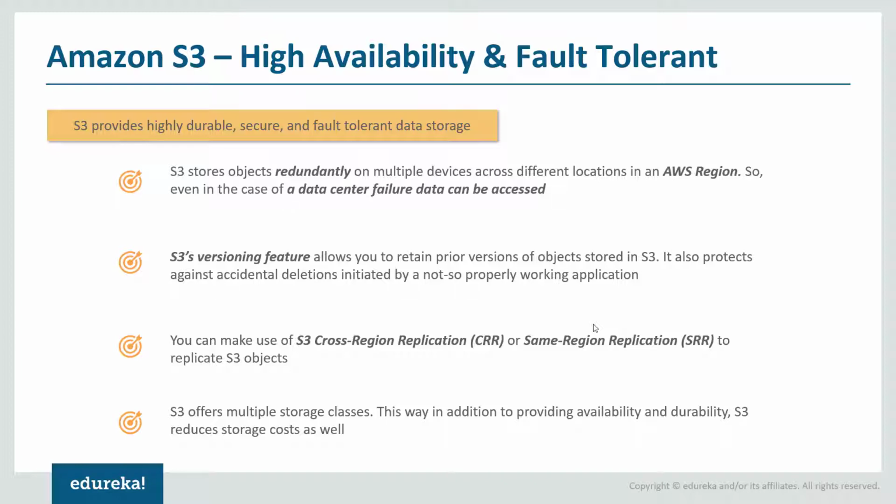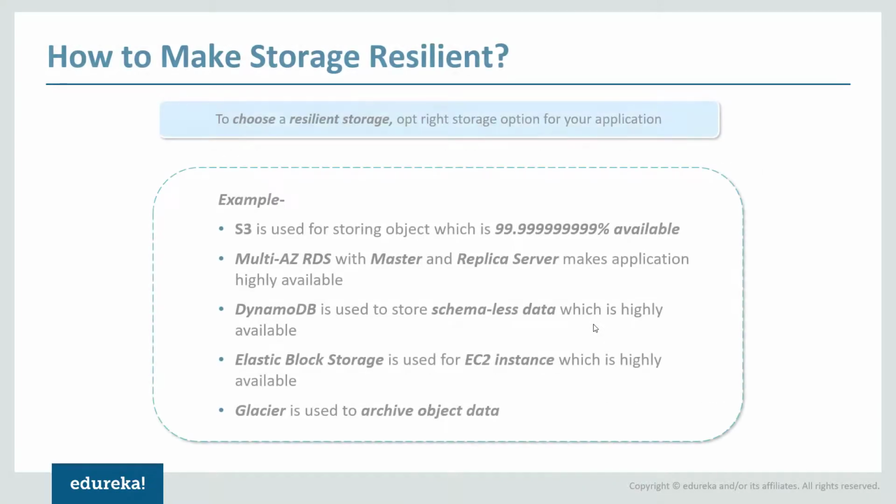Apart from that, S3 also offers multiple storage classes. This will help you reduce the cost if you would like to store your data for a long time, or even for a short time, with high availability or fault-tolerant features. What else can I use to make my storage resilient? One is S3, which can give you 99.99 availability.